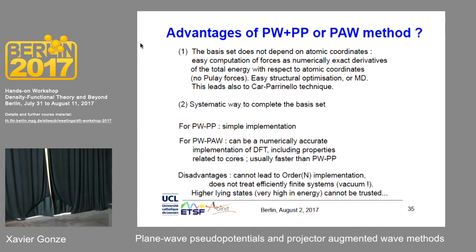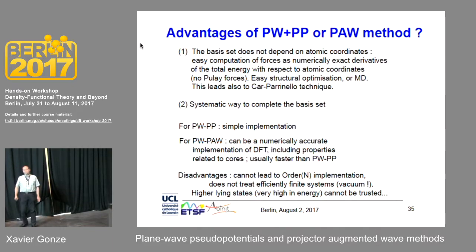Okay, what are the advantages of the plane wave plus pseudopotential or the PAW method? Well, the basis set that we have introduced, plane waves, does not depend on the atomic coordinates. This means that we will have an easy computation of forces as numerically exact derivative of the total energy with respect to atomic coordinates. We can avoid so-called Pulay forces.